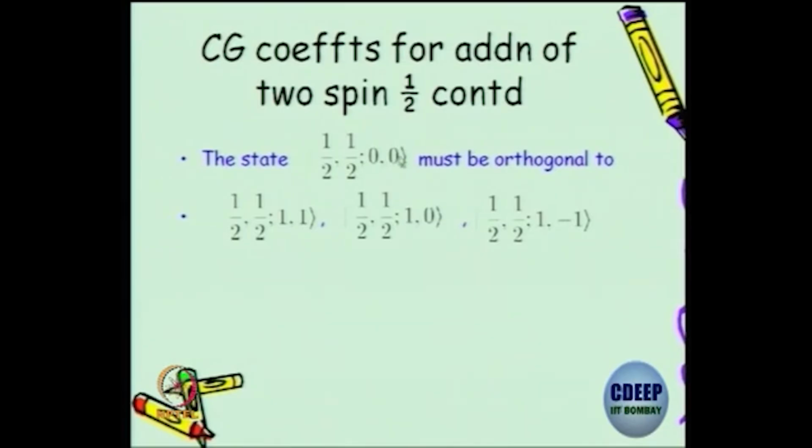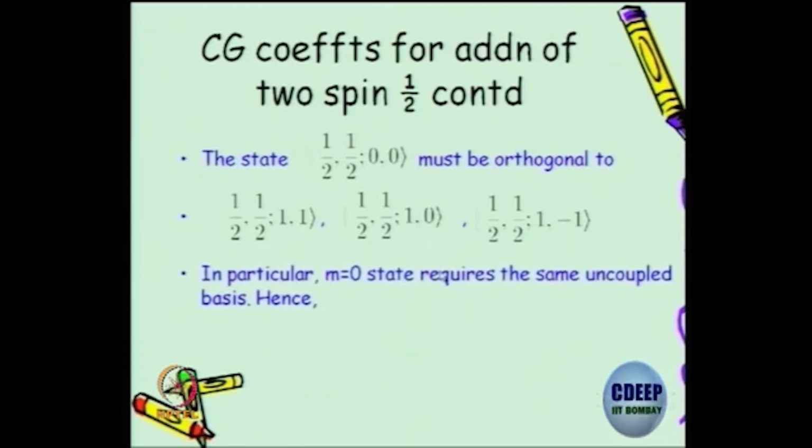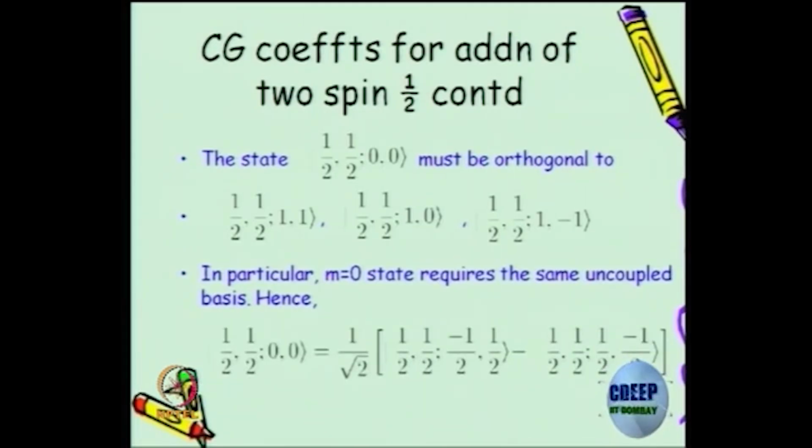Whereas to get a 0, you need 1 to be up and 1 to be down. So there is no way, they will all be orthogonal. You only need to check that this is orthogonal to the different J but the same magnetic quantum number, which is what we did for this case. So I said that you have to make sure that they are orthogonal, and that fixes the coefficients to be 1 over square root 2 and minus 1 over square root 2.